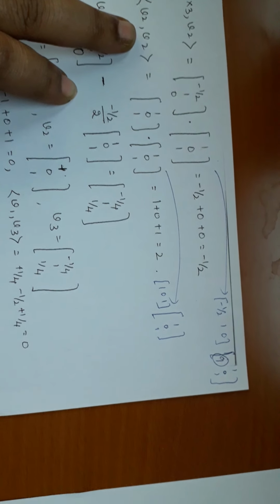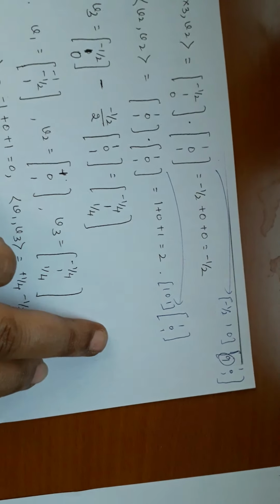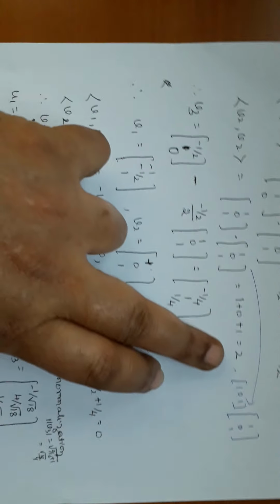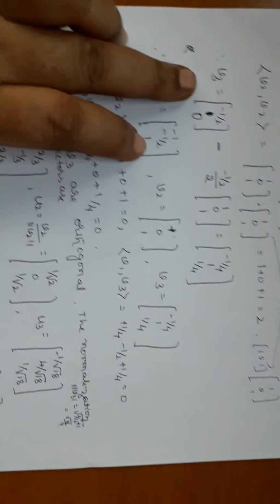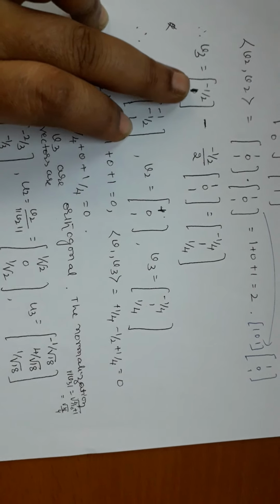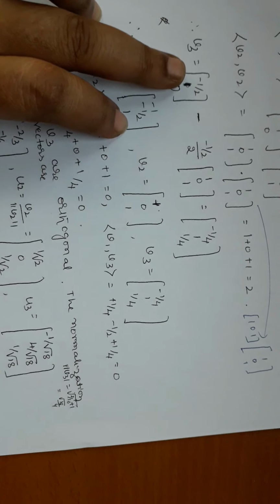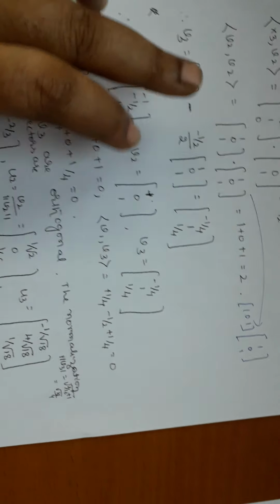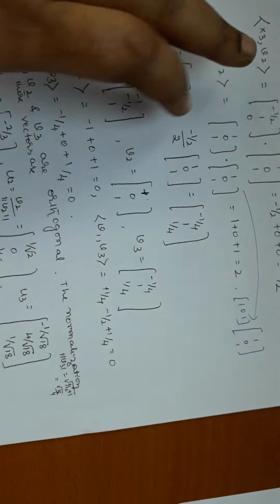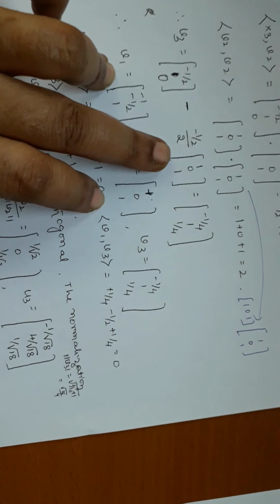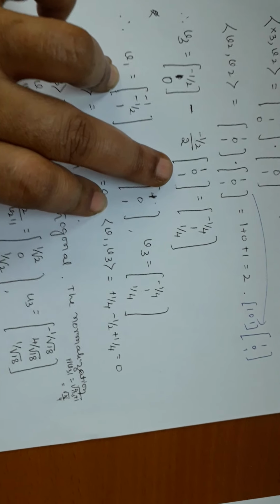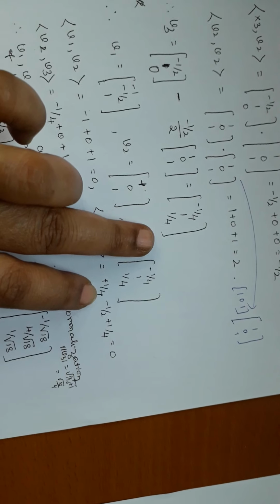Inner product of V2, V2 means V2 transpose into V2. Multiply that, we get 2. You know how to find the inner product value. And then from that I have to find V3. What is V3? X3 minus inner product of x3, V2 divided by inner product of V2, V2, into V2. Simplify that, we get V3.